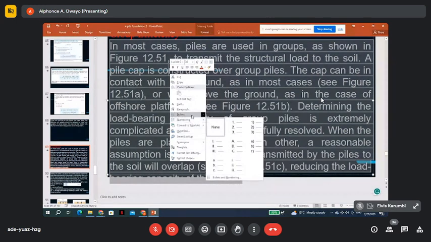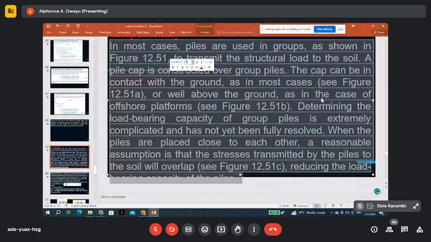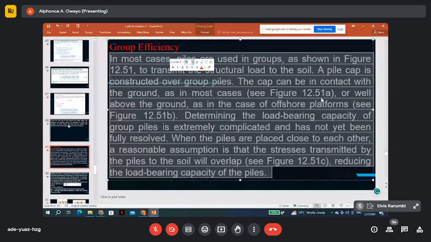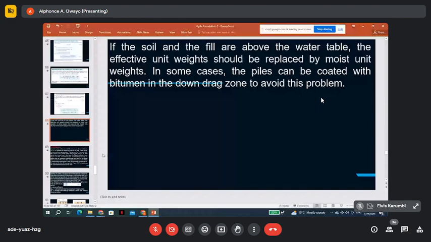In cases where a greater load carrying capacity is required than a single pile can provide, we know we started from pad footing. Okay, from pad footing.